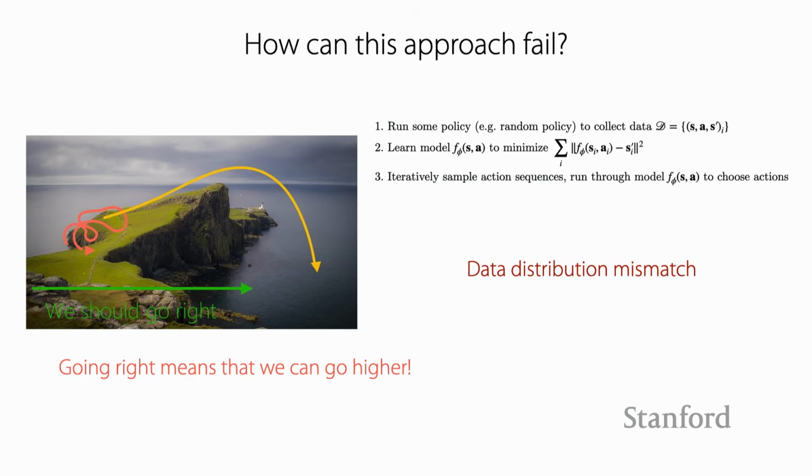This is because of the thing that we talked about at the very beginning: there's this data distribution mismatch, where the data that you collected at the beginning doesn't cover the data that you are taking with your final policy. So we have a simple fix to this.